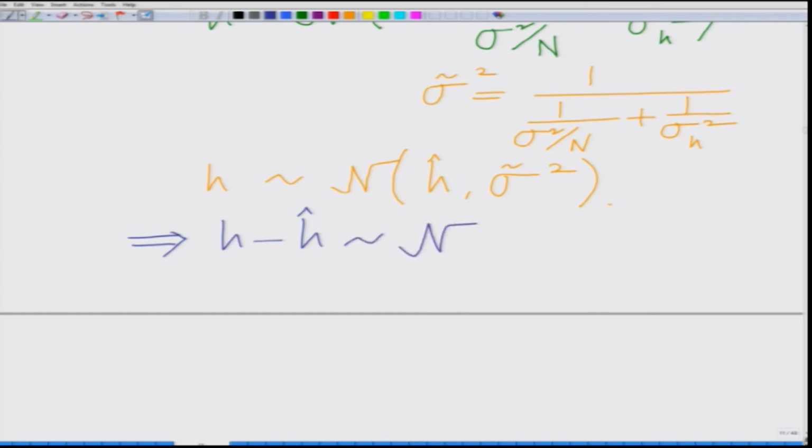So this is distributed as a Gaussian with mean 0, variance sigma tilde square. This is your h minus h hat, which according to our definition is minus W.